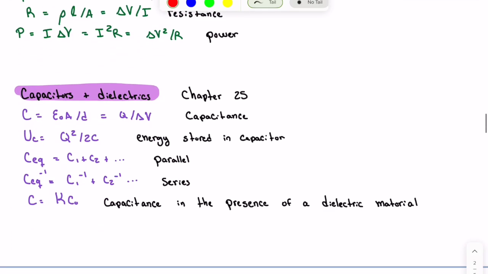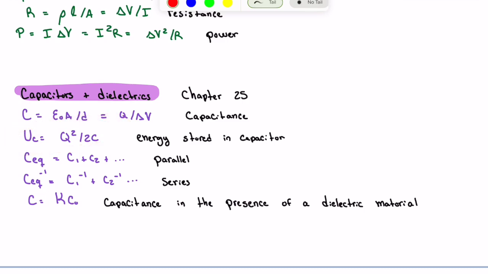In chapter 25, we looked at capacitors and dielectric materials. This is the definition of capacitance. The one that you really use is C is equal to Q divided by delta V. You learned that there's energy stored in the capacitor in its electric field, and we call that UC or UE, whatever, is equal to Q squared divided by 2C.